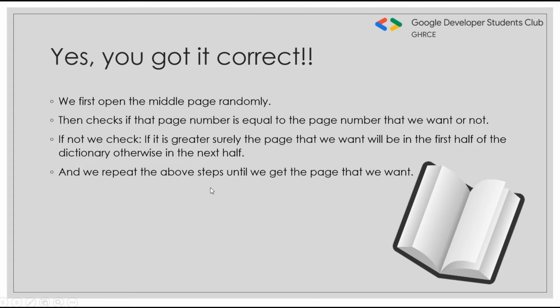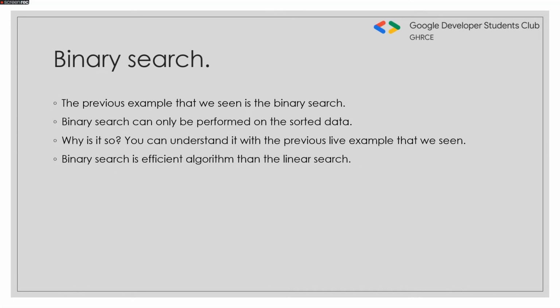So this is how binary search also works. The previous example that we saw is binary search. Binary search can only be performed on sorted data. Why is it so? You can understand it with the previous live example. In the dictionary all the pages are sorted, means the second page comes after page number 1.